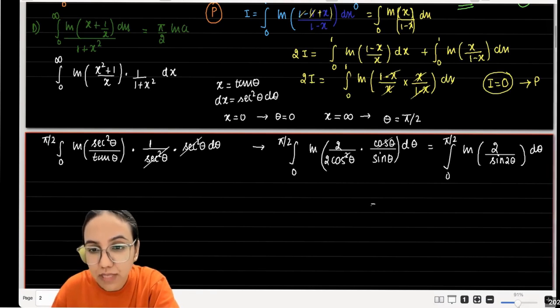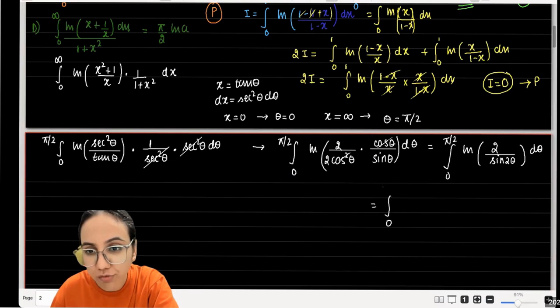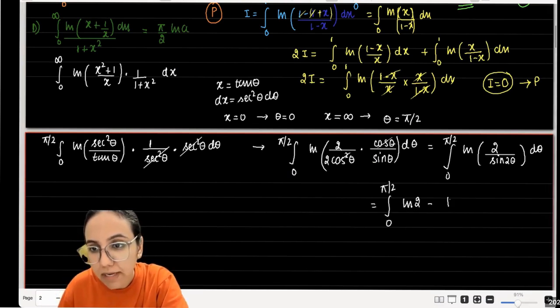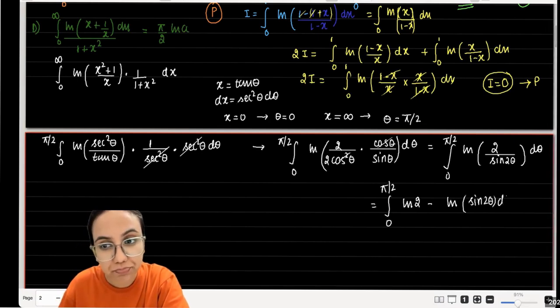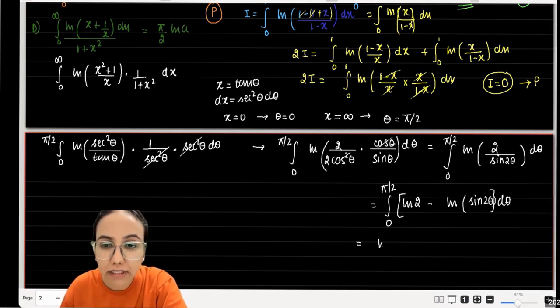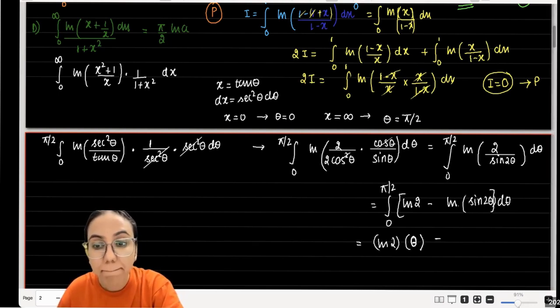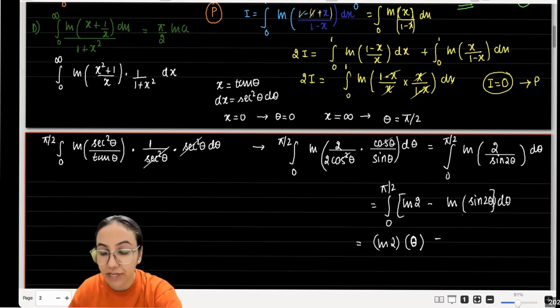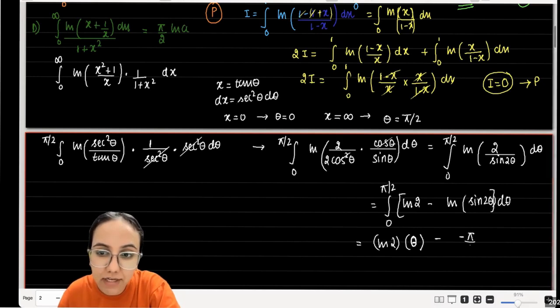Now, if you separate your ln of A over B, this will lead to ln 2 minus ln of sine 2 theta d theta. Your integration of ln 2 is just a constant, so integration of 1 with respect to theta is theta, minus, this is a standard result, the integral of ln of sine 2 theta with the limit 0 to pi by 2 is negative pi by 2 ln 2.